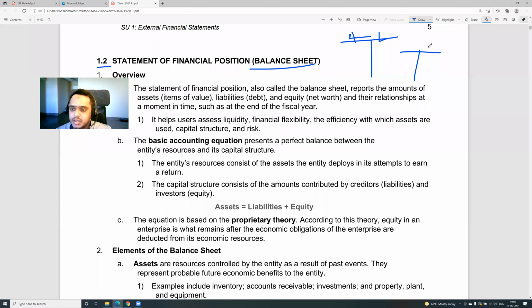Here is assets, and here is equity and liabilities.